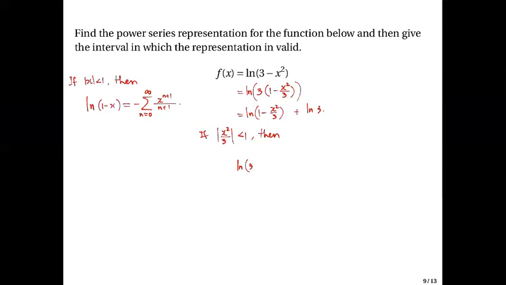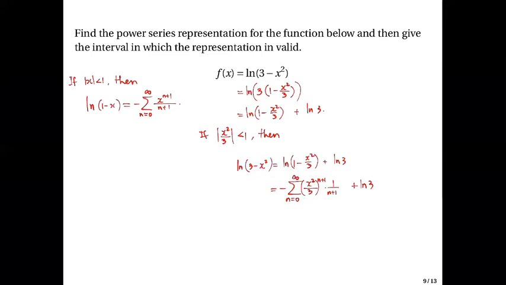ln of 3 minus x squared. This is equal to ln of 1 minus x squared over 3 plus ln of 3. This is equal to negative sum from n equals 0 to plus infinity of x squared over 3 raised to n plus 1 times 1 over n plus 1. Then on the outside, you have ln of 3.